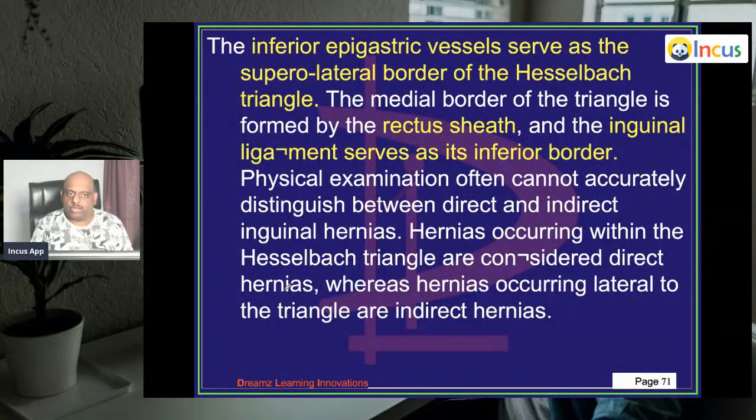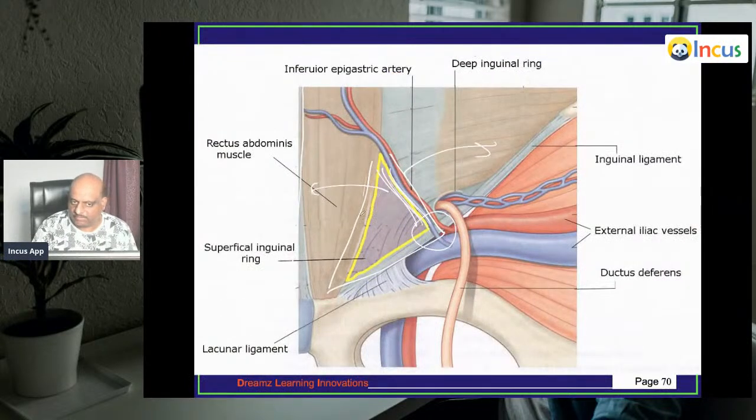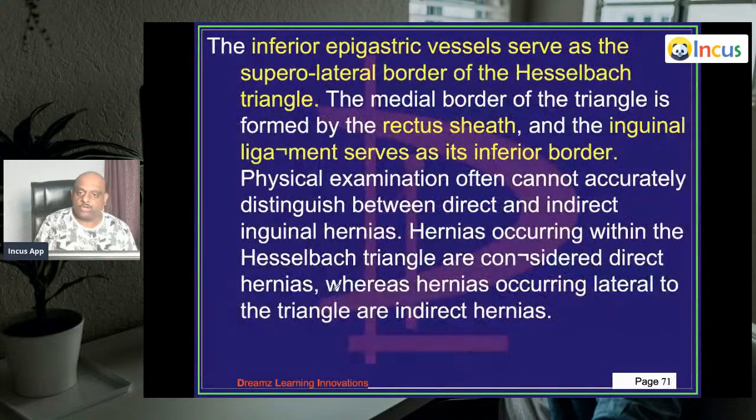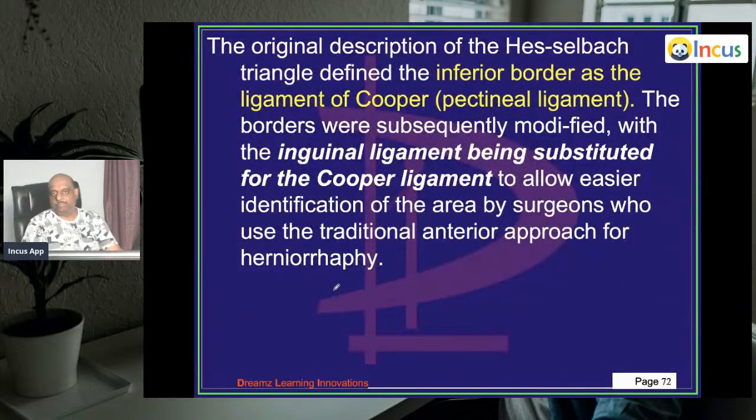The medial border of the triangle is formed by the rectus sheath. Then the inguinal ligament serves as the inferior border is what I want to underscore to all of you.